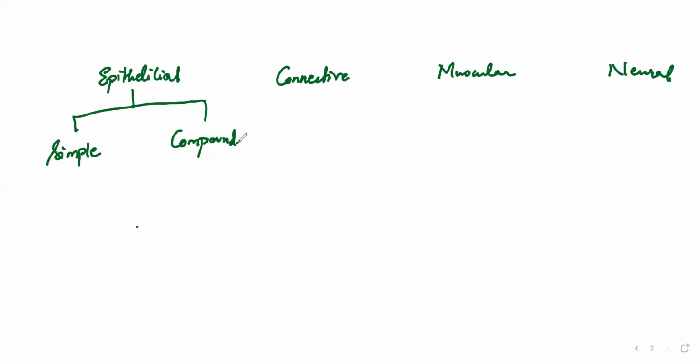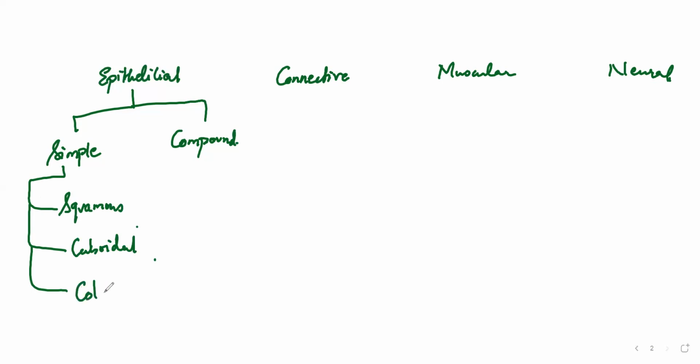That is squamous, cuboidal, columnar. And you also have ciliated simple tissues. Then in compound, there is no further classification.